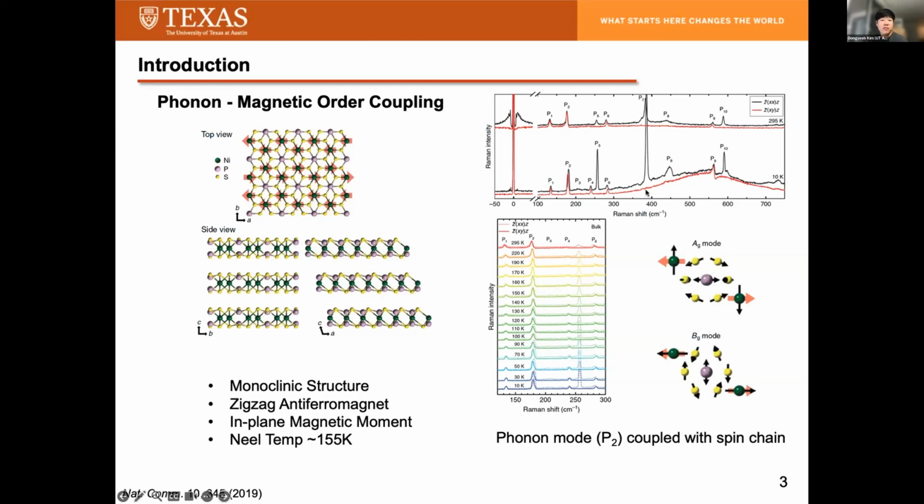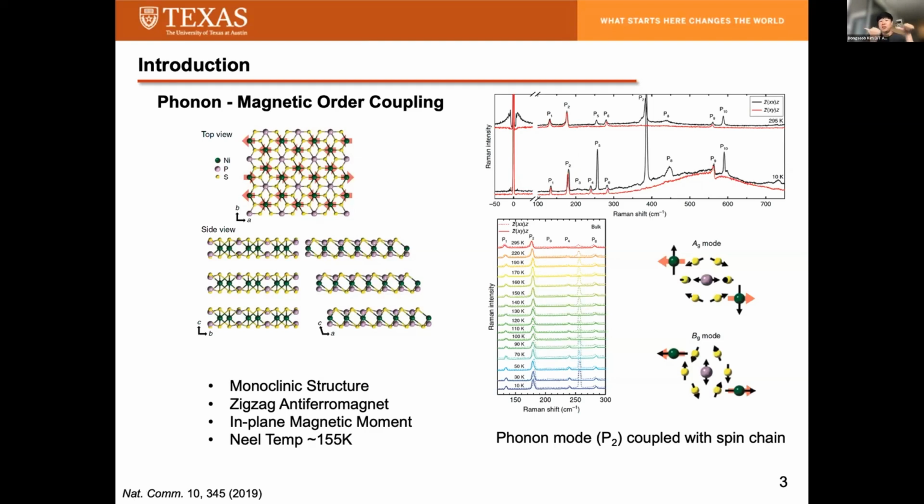This is the Raman scattering data, and you can see there are a lot of peaks. But if you look specifically at the second phonon peak, which is named P2, you can see that at high temperature it's just one peak, but as you cool down, it becomes two peaks. It happens because there are two different vibration modes, the Ag and Bg modes.